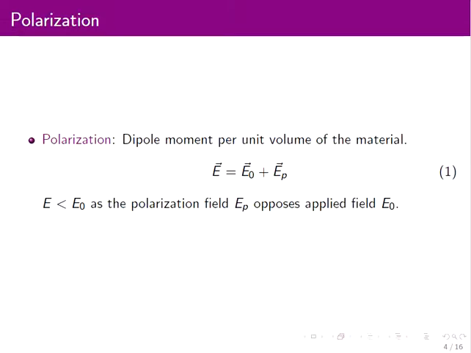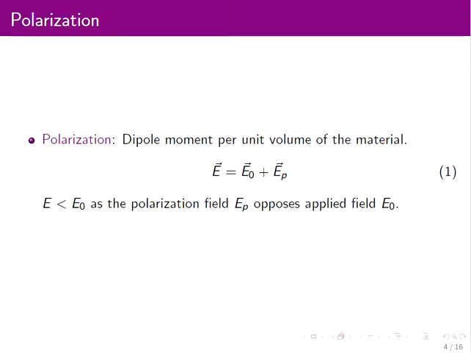So we can see that in both types of molecules, whether polar or non-polar, a dielectric develops a net dipole moment in the presence of the external field, and the dipole moment per unit volume is called the polarization. So the polarization is nothing but the total dipole moment per unit volume, which happens in both polar and non-polar molecules.